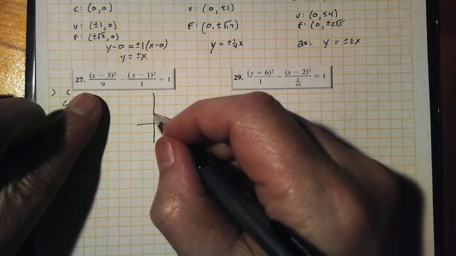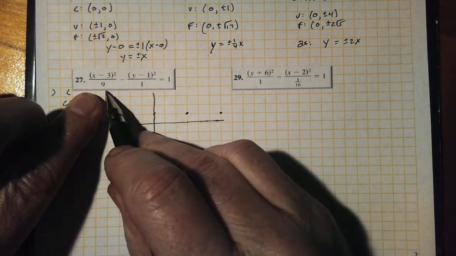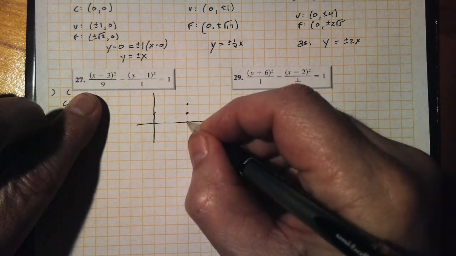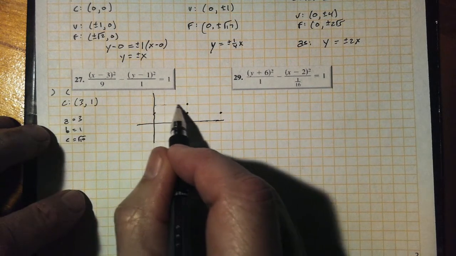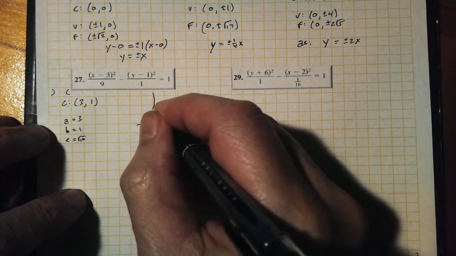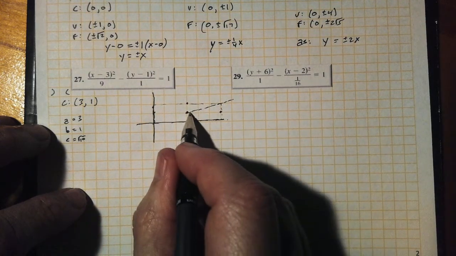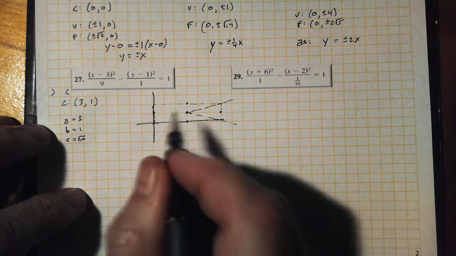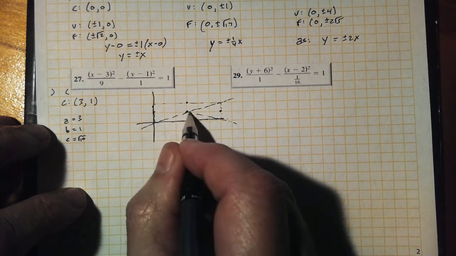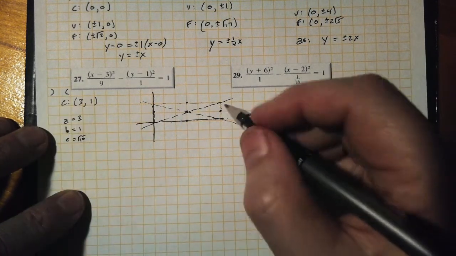From there I go right and left 3. I go up and down 1, but it's not an ellipse. It's a hyperbola. Box it. Here are our asymptotes. This opens right and left.